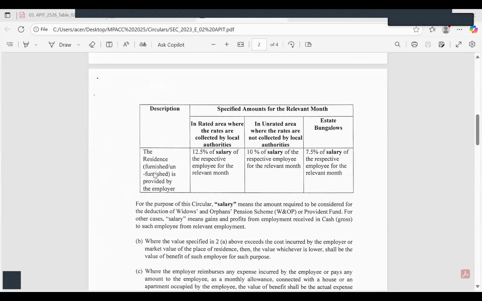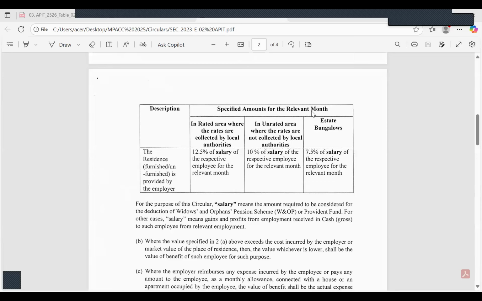The residence, it can be furnished or unfurnished, is provided by the employer. So this is the description. Then we have to consider whether that house is in the rated area or unrated area, or whether it is an estate bungalow. If it is in that rated area, this calculation is for the month.